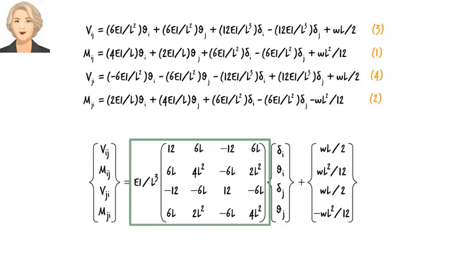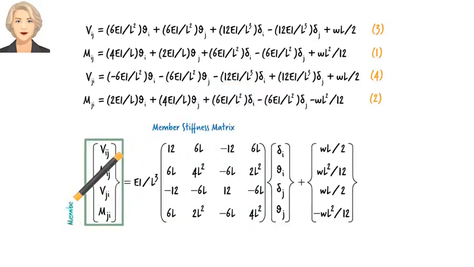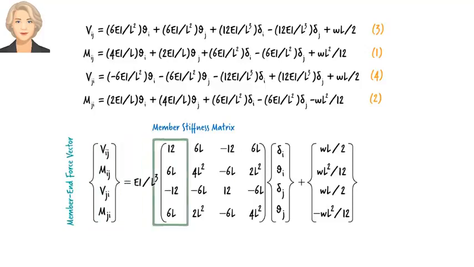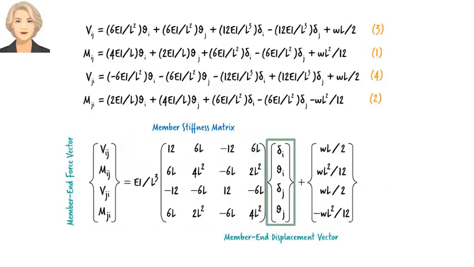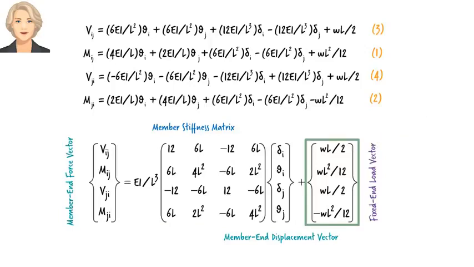This is called the member stiffness matrix. This is the member end force vector. This is the member end displacement vector. And this is the fixed end load vector.